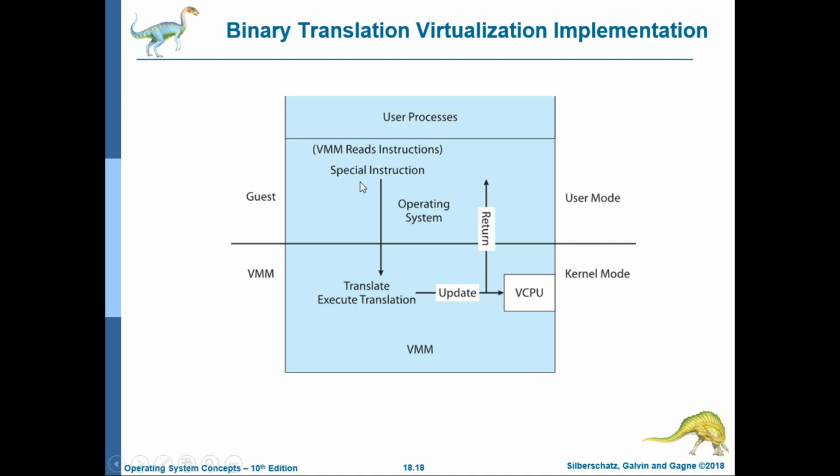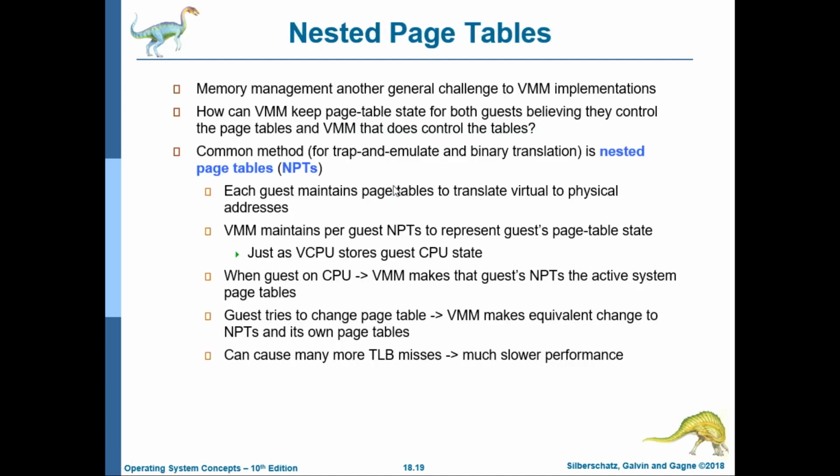If there is a special instruction, it will be sent to the virtual machine manager and translated, and then the vCPU will be updated, and it will return to the guest operating system whatever the request of the special instruction was.